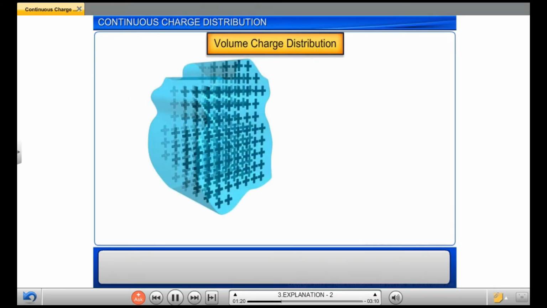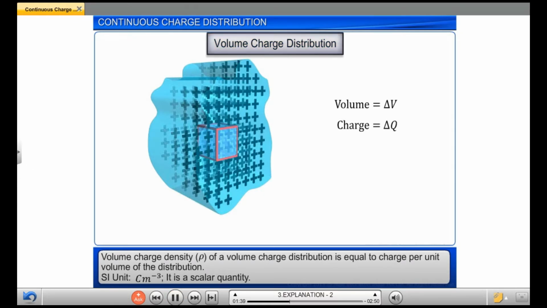Now let us consider a volume charge distribution. Consider a volume V carrying a charge Q. Let us assume that the total volume is divided into a number of small elements, each of volume delta V having a charge delta Q. Then, volume charge density or charge density rho of such a volume charge distribution is defined as the charge per unit volume.